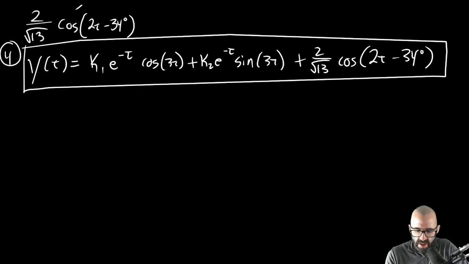Notice, by the way, that the period for the natural response is different from the period for the forced response. Which makes sense. The period for the natural response depends on the damping and the spring constant. It's what would this period be if nothing was happening to it. In this case, it's faster than the forcing function.